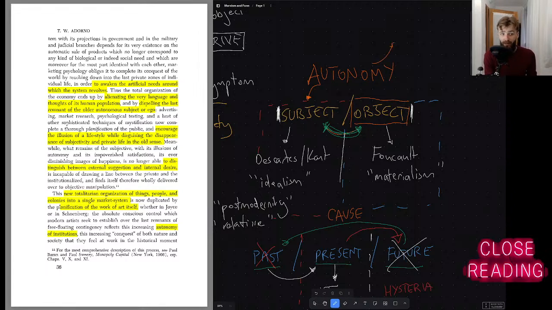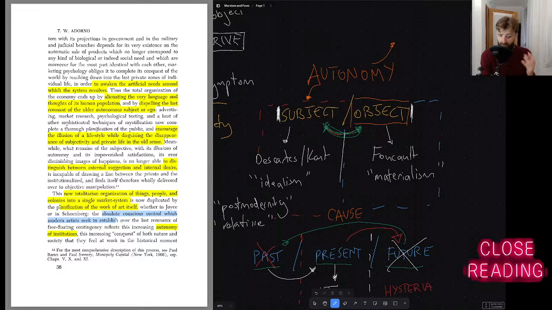Where does that autonomy move? It moves, Jameson says, down here through these kind of symptoms of the planification of the work of art itself, the single market system, the commodification of art, all of these things are related, whether in Joyce or in Schoenberg.